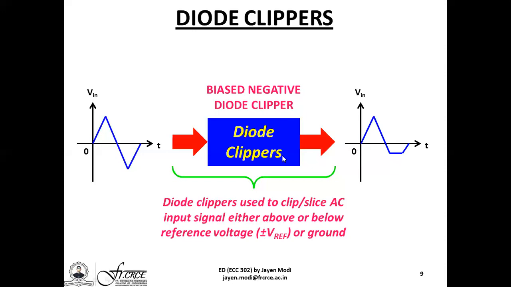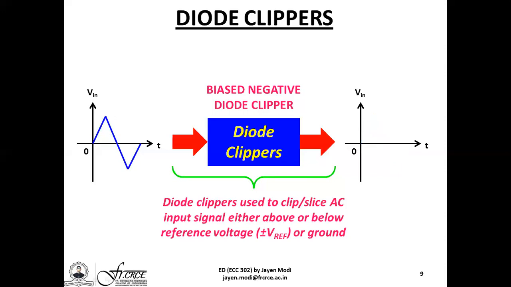Now, all the four clipper circuits which you saw had only one of the cycles being clipped. But what about applications in which there may be a need to clip both the cycles of the AC input signal? Of course, you may have the need to clip a certain portion of the positive half cycle, and you may also have the need to clip a certain portion of the negative half cycle as well.